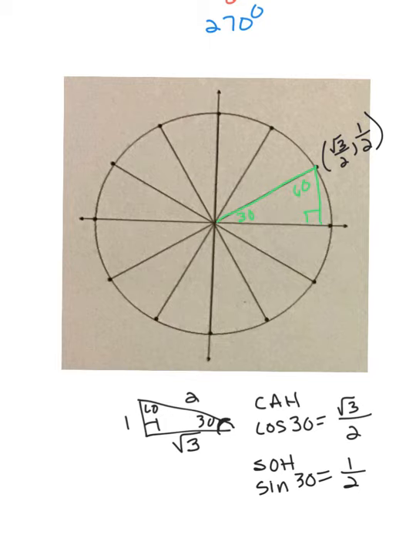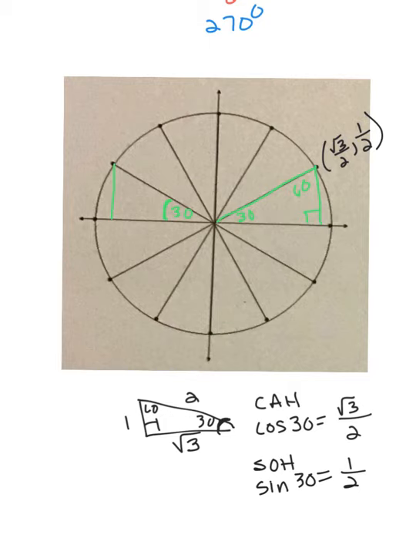We are going to ignore the 60s for right now. If we go over into quadrant 2, we have a reference angle of 30 degrees again. So we could create another 30, 60, 90 triangle over here.